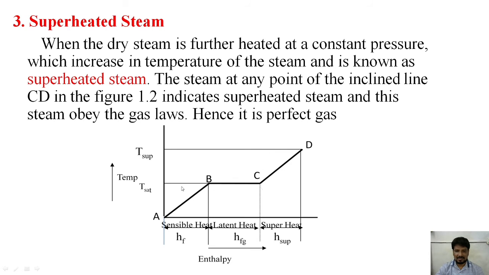B to C is the constant temperature, the saturation temperature, up to point C. From C to D there is an increase in temperature, from dry saturated to superheated. So the steam whose temperature has increased is known as superheated steam.